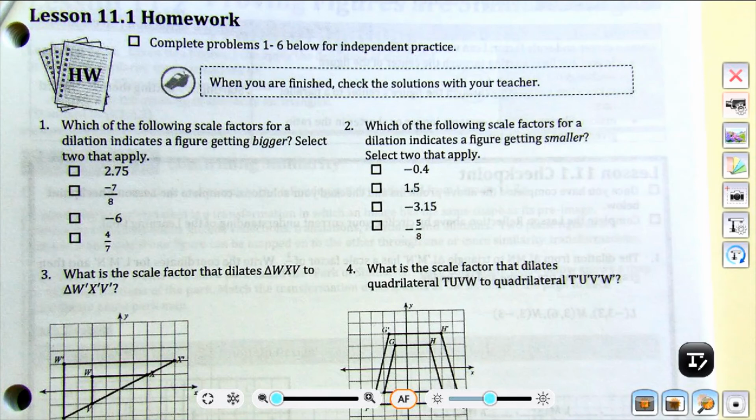But if you want to use this as multiplication, we could also say 4 times 1 over 4 is equal to 1. So dividing by 4 and multiplying by 1 over 4 are the same thing, and this is going to be our scale factor. So K, which stands for scale factor, is equal to 1 over 4.